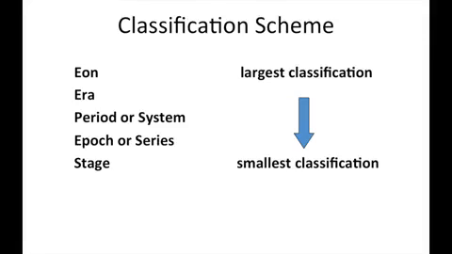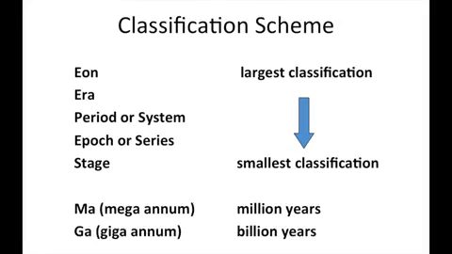The same thing is true with the next smaller classification, epochs or series. And then there are even smaller periods that we call stages. That's the smallest classification that we have for these geologic periods.